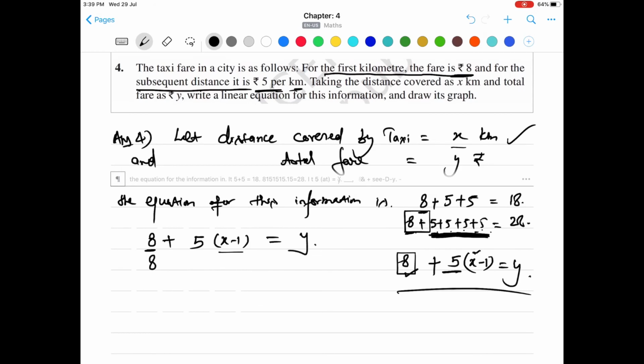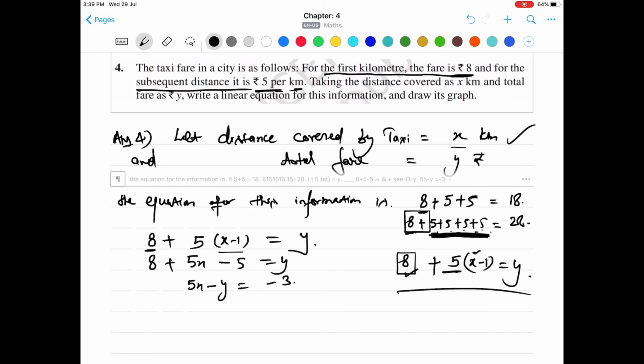Okay, so now let's solve this. We have 8 plus 5x minus 5 equals y, or we have 5x, and this y shifted to the left-hand side will be minus y, equals 8 minus 5 is 3, and this 3 will become minus 3 on this side. So that's the equation for this given situation.